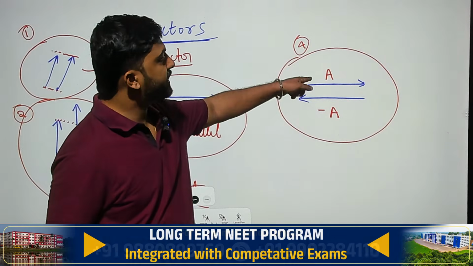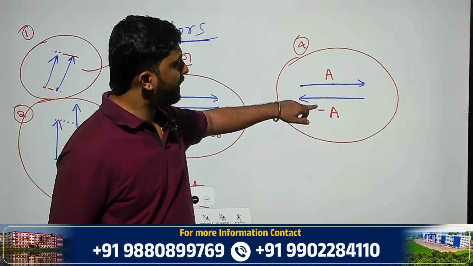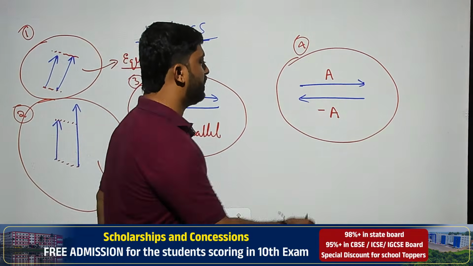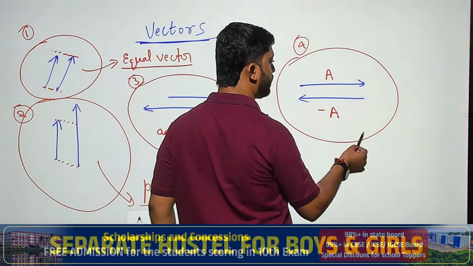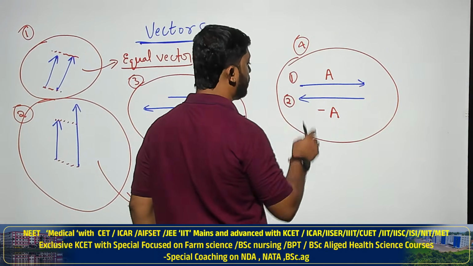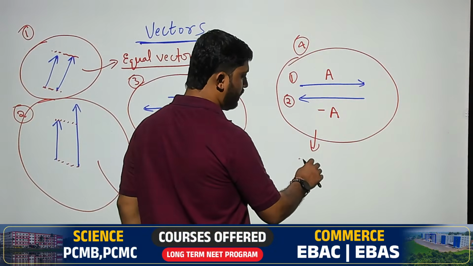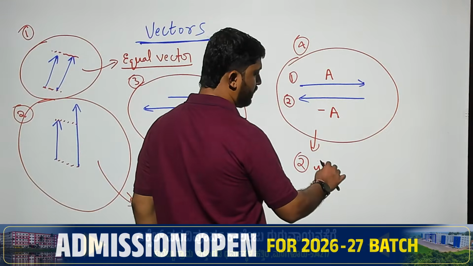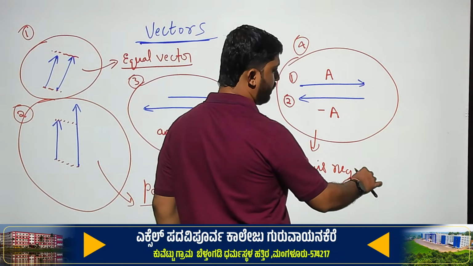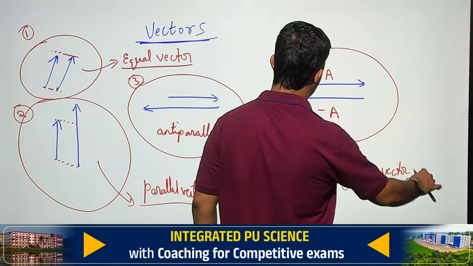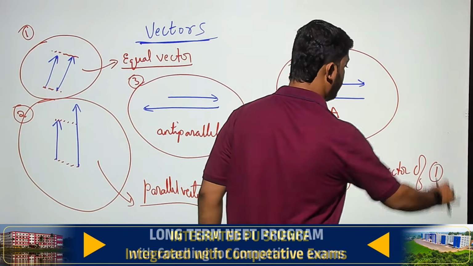So if the length is the same and the direction is opposite, I can call the second vector the negative vector of the first one.